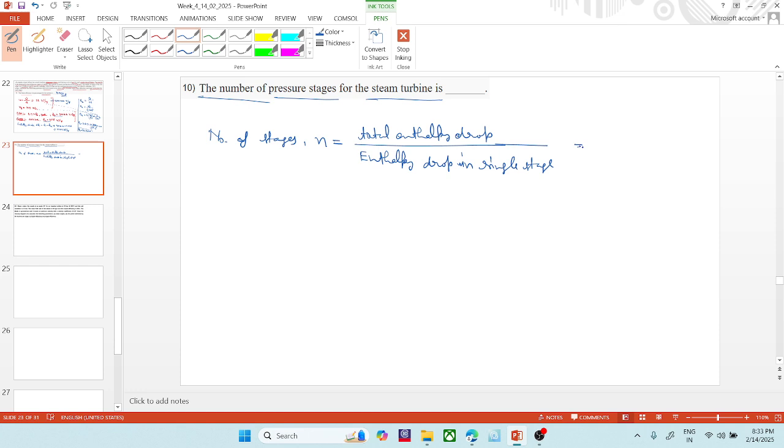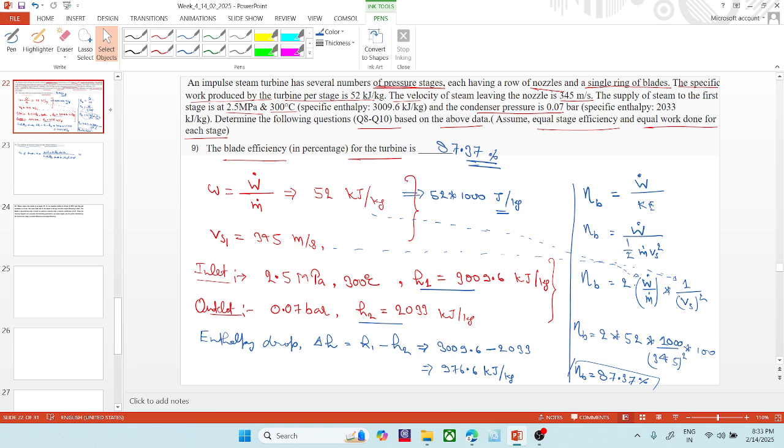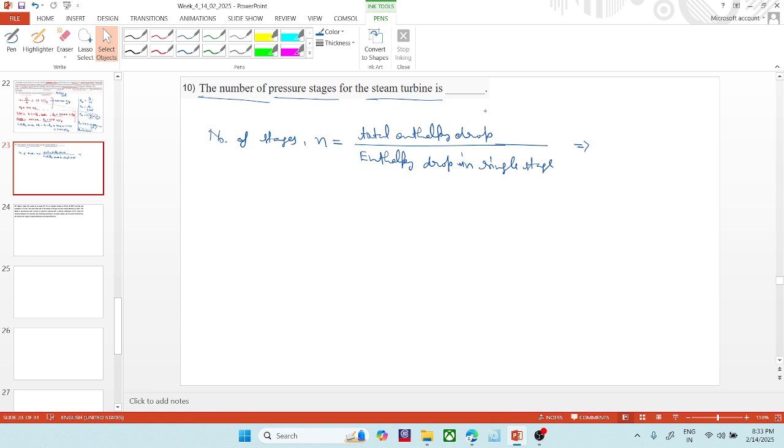Okay, and this all value we are having, that total enthalpy drop we have just calculated here, H1 minus H2, the value is 976.6 kilojoule per kg. We'll write this as 976.6 kilojoule per kg.